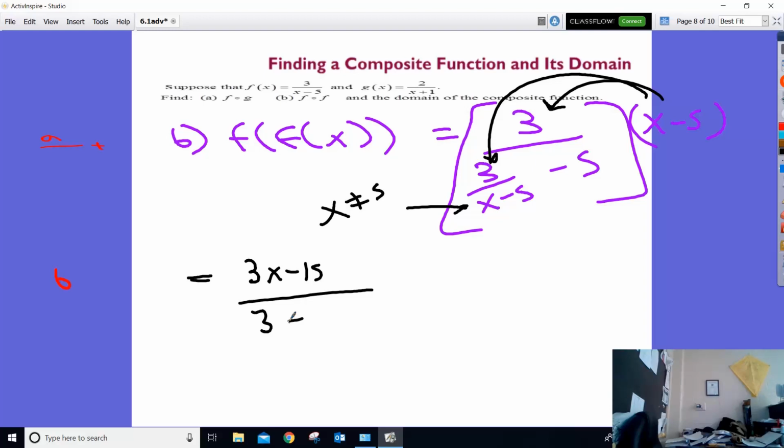Any cancellations there? Minus 5x plus 25. So it does save you a little bit of time. Truth is, to be a strong student, you need to know both. You can clean that up. 3x minus 15, negative 5x plus 28.